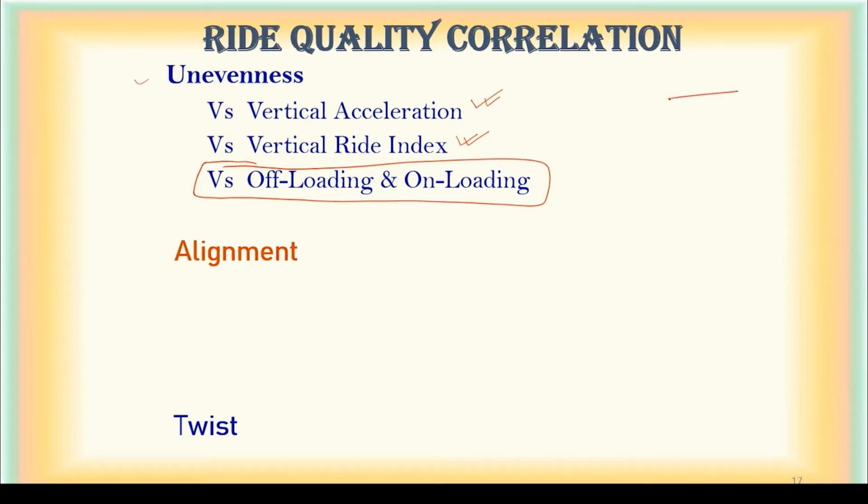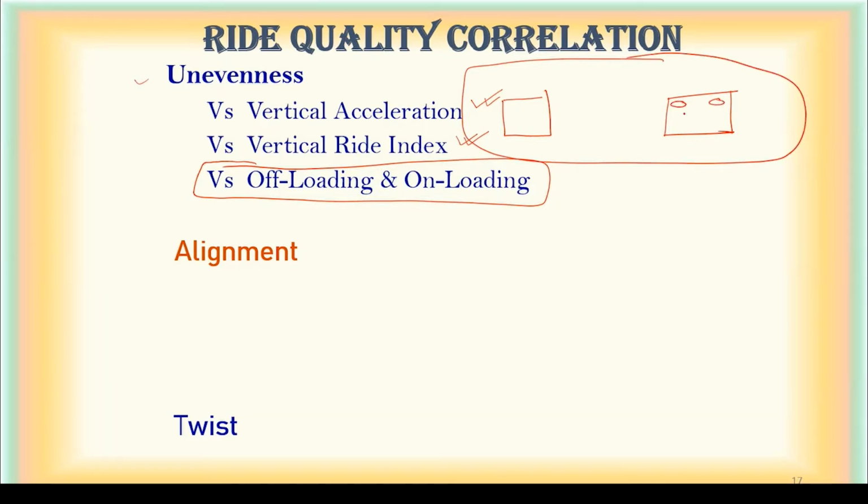You see, this is one bogie and this is another bogie over which the rolling stock has been kept. Now this bogie contains 4 wheels and this bogie also contains 4 wheels. Suppose the track at this location is somewhat down compared to these locations.